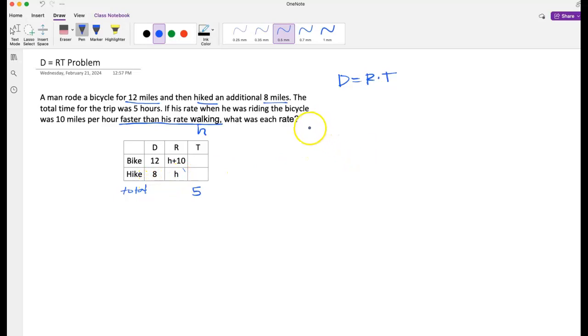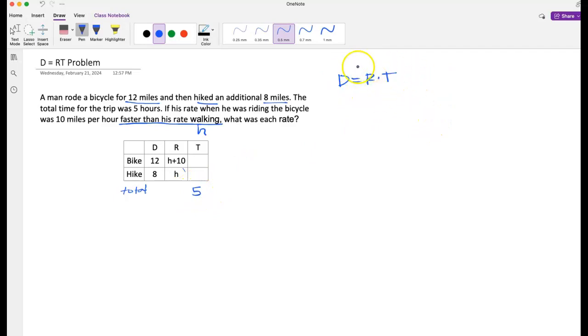Okay, so let's think about how we might set this up. So all we know about time is that it is 5 hours, but I can get my distance and rate in terms of time, and then I'll be able to use this 5 hours.